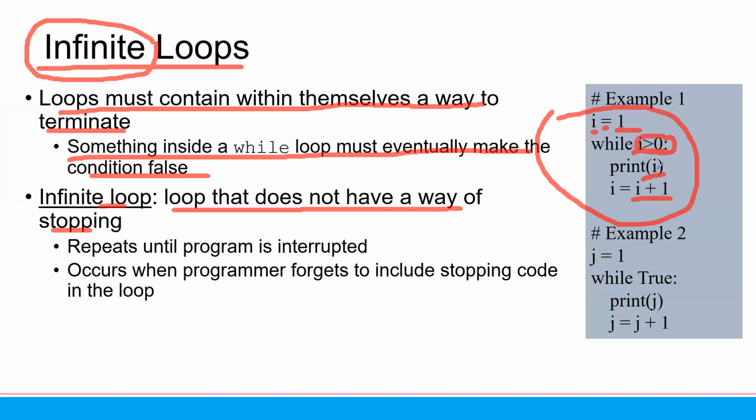Then I becomes 2. 2 is higher than 0? Yes. We will print I, and then I will be added by 1. So I becomes 3. 3 is higher than 0? Yes. I will become higher and higher. Then when will it stop? Never. So this kind of while is wrong. It will give you an infinite loop.